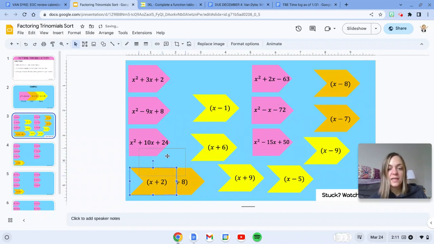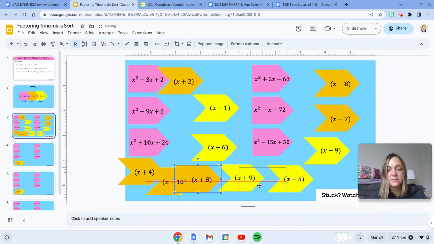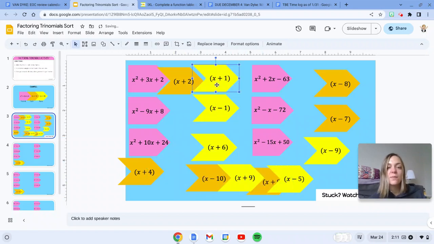I see one here that's x plus 2, so I'm going to match it up. And now the next one that I'm looking for is going to be x minus 1. I'm going to have to do some digging here. All the way at the bottom. Beautiful. So I'm going to put these together as best as I can.